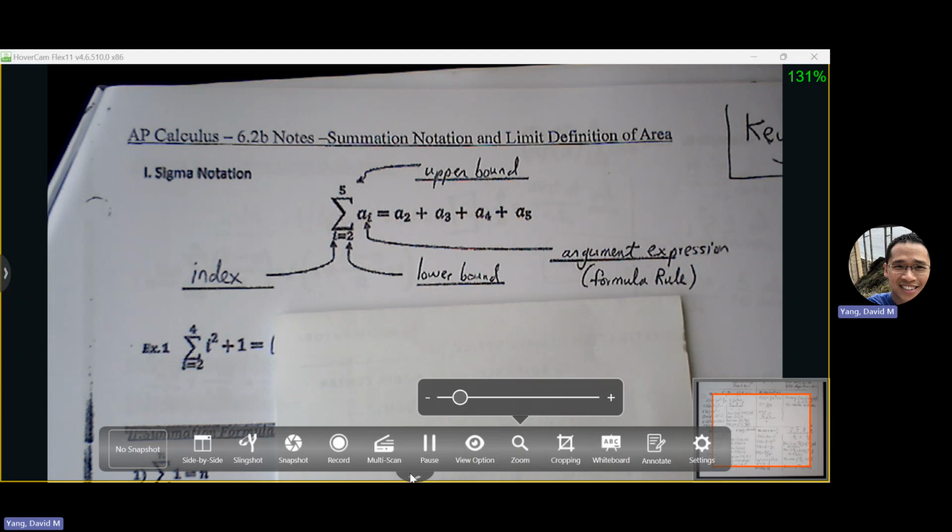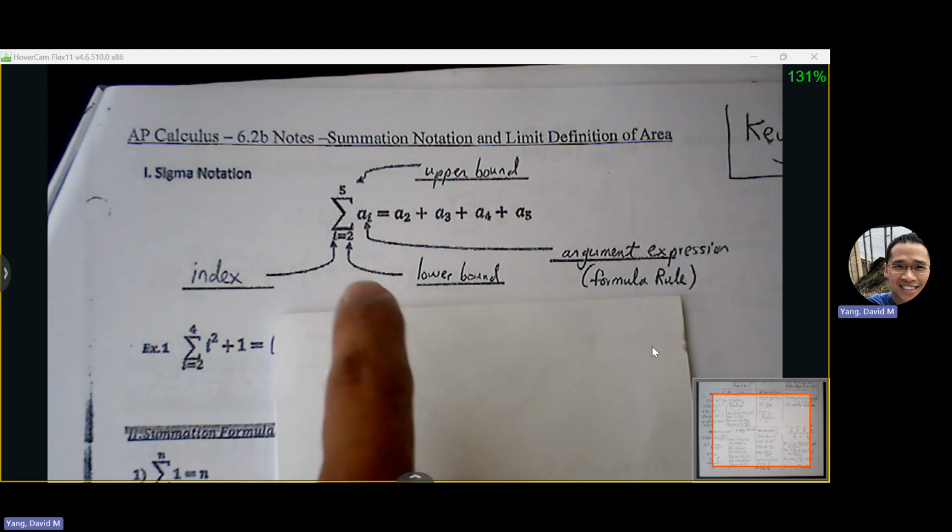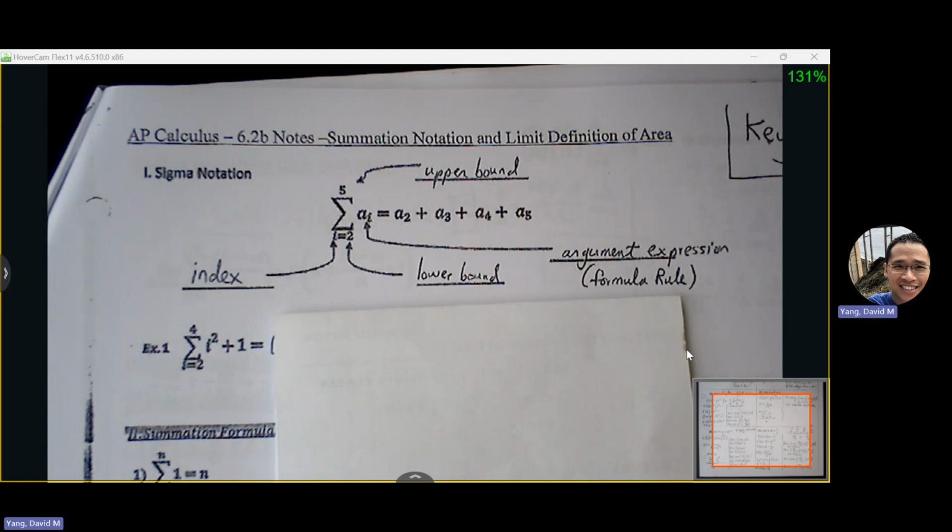Sigma notation. All this means is it's an indication for us to show that we want to add a bunch of terms together, and it allows us to represent that in formula form instead of writing out all the terms one by one.